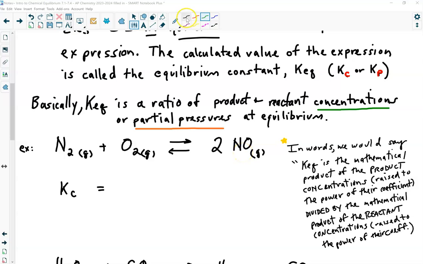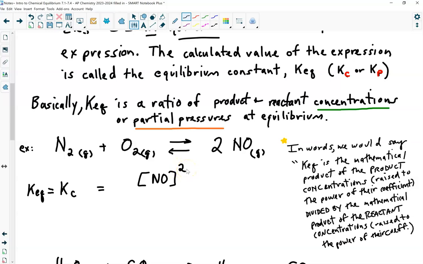We have nitrogen and oxygen and nitrogen monoxide in this equation. The law of mass action basically says that you take the product concentration or product pressure. We're going to use concentration this time, so that KEQ can be called a KC, for C for concentration. You take the concentration of the product at equilibrium, once it's constant, and you raise it to the power of its coefficient.